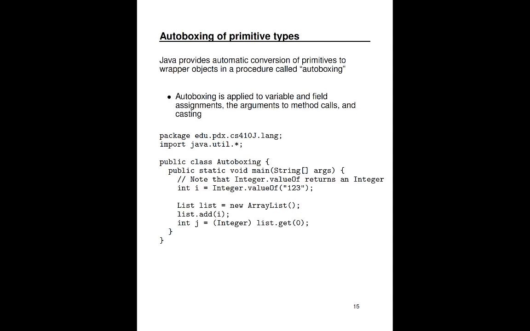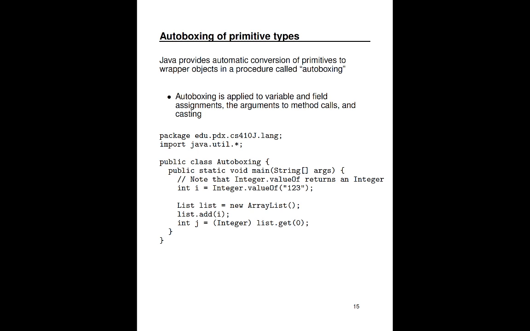Now, having to type out new Integer every time you want to put the number 4 into a collection is kind of a pain, and so the Java language has this feature called auto-boxing, which will automatically convert primitives to the wrapper objects and back again as you are calling methods or assigning to variables. It'll take care of the casting and the creation for you.